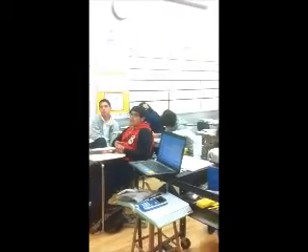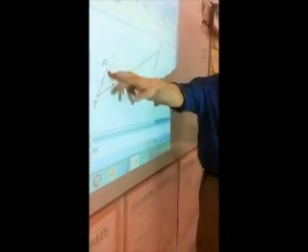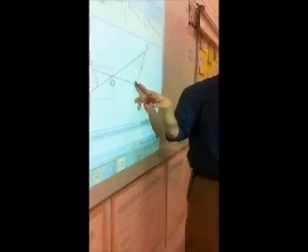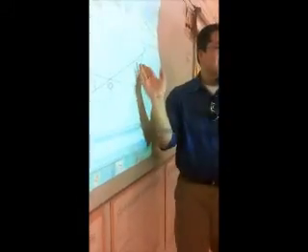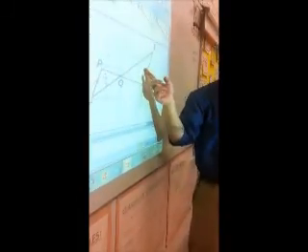Can someone else help Alejandro? Alternate interior angles. So you said we have two parallel lines cut by a transversal. That means that these two are alternate interior angles. Parallel lines, transversal, alternate interior angles.